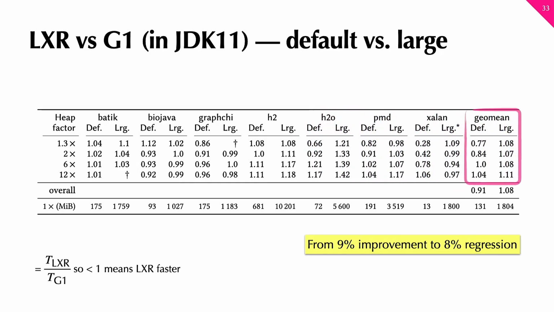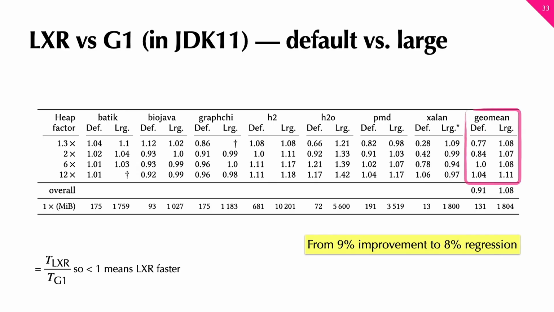Okay, so we can try and aggregate this in some way. So let's take the geometric mean of the default and large throughput numbers, right? So we see that on average, right, for the 1.3x heap size, LXR is a lot faster than G1. Right? Super nice result in the default benchmarks. But when we go to large, then that's turned into a regression, right?